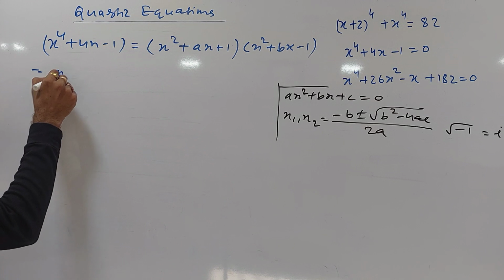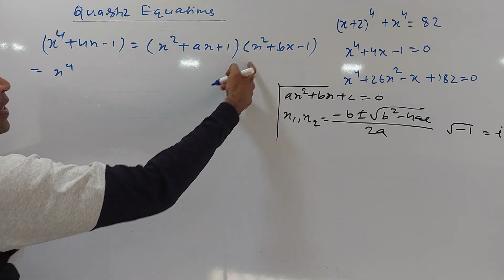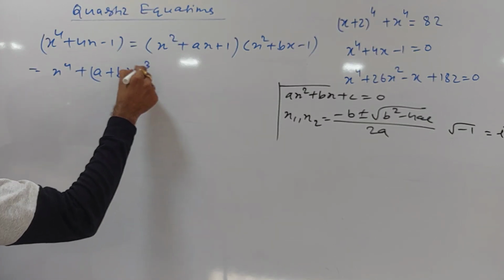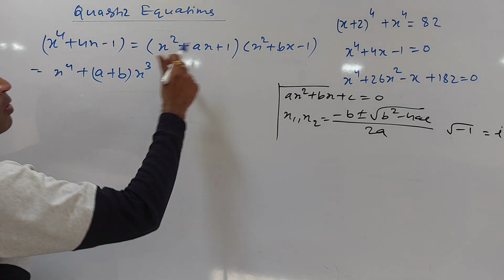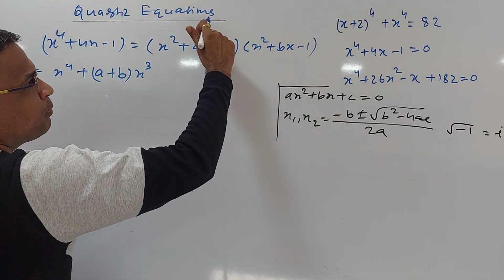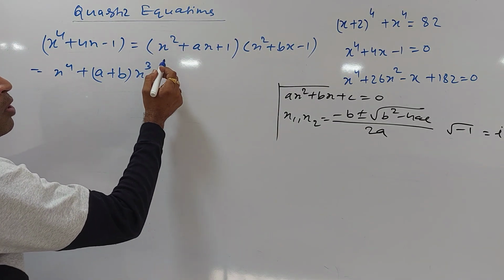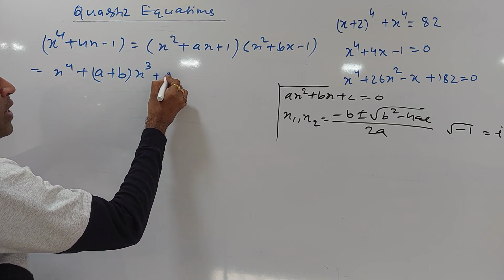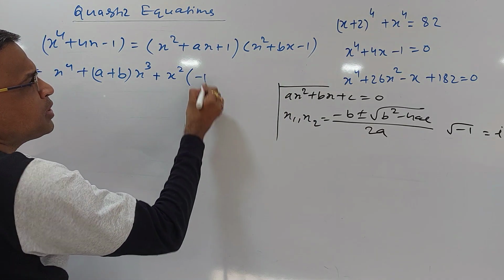So it is x power 4, x square into x square. Then it is bx cube plus ax cube. So it is plus a plus b times x cube. I am clubbing the terms, the coefficient of x cube. Then I have minus x square, then plus abx square. So just check out what cases you are getting. See, x square is taking common, so x square into minus 1, so it is minus x square.